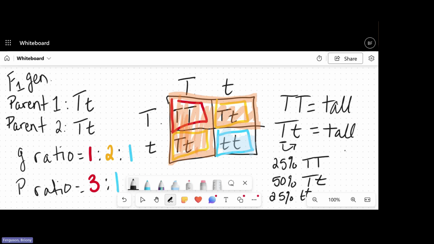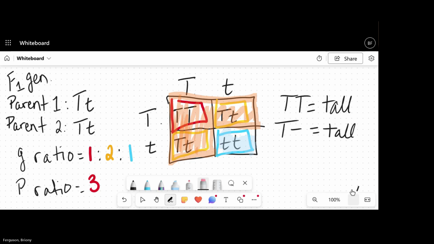If we did this as fractions out of the 4, it would be 1 out of 4, 2 out of 4, and 1 out of 4. But your end result still needs to be in ratio form. And if it really confuses you, I do recommend writing this kind of stuff out to help you process, color code your Punnett square if you need to. That's all fine.